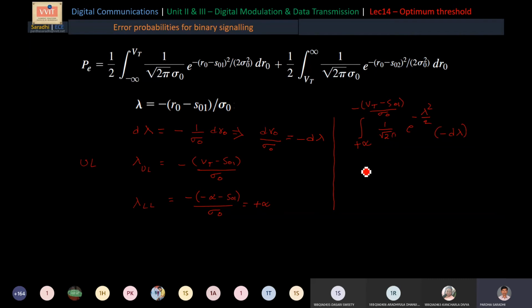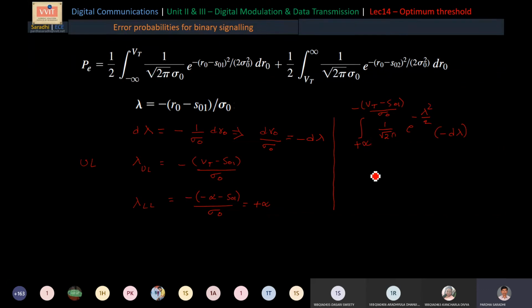Is this understood? This expression is lambda; the 2 written outside makes that ratio lambda square by 2. Here dr naught by sigma naught is minus d lambda, and the lower and upper limits are like this.